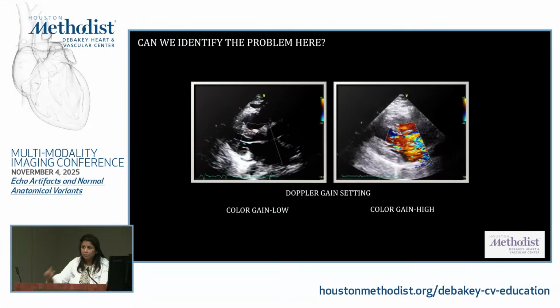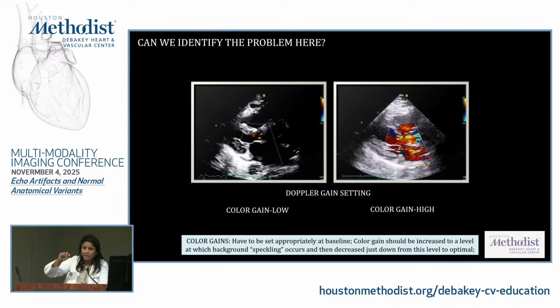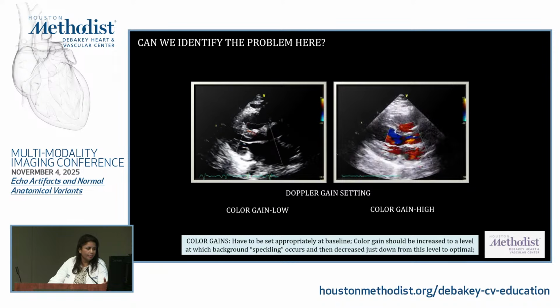Important step, because it can really make you falsely interpret severe MR because of color gain. So it's a very relevant topic to know. But always make sure you optimize the color speckling for the optimal gain first and then scan the patient.